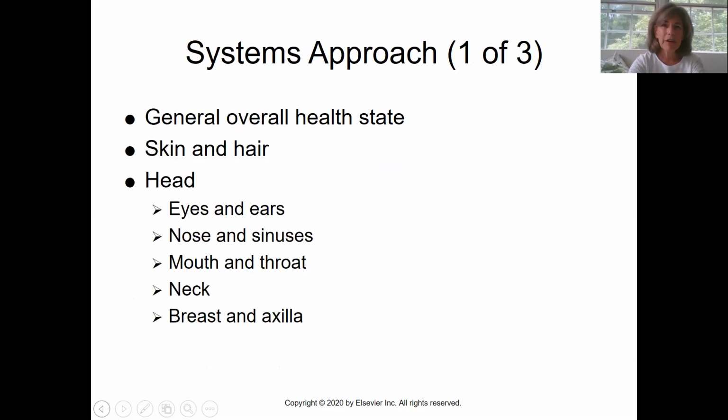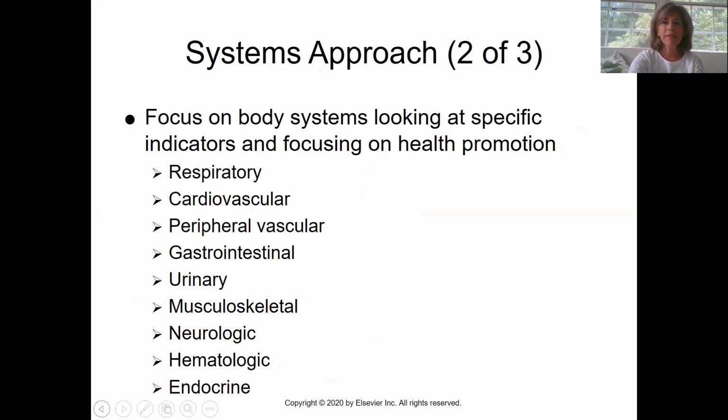So here's a systems approach. We start with their general overall health state, skin and hair, and then we go head, eyes, ears, nose, mouth, throat. Then we go down to the breast, axilla.